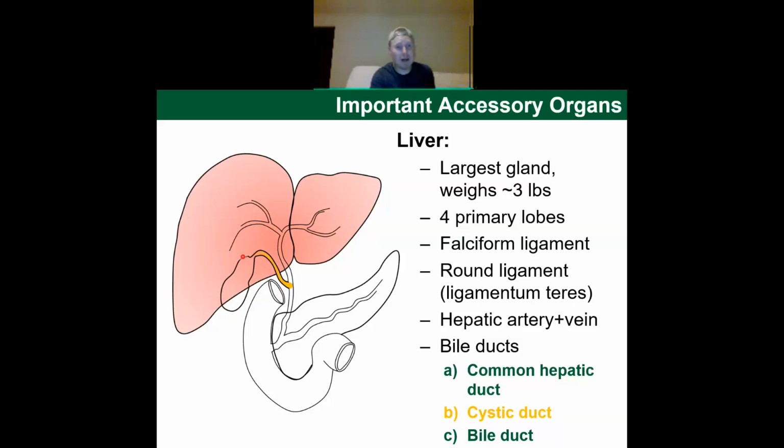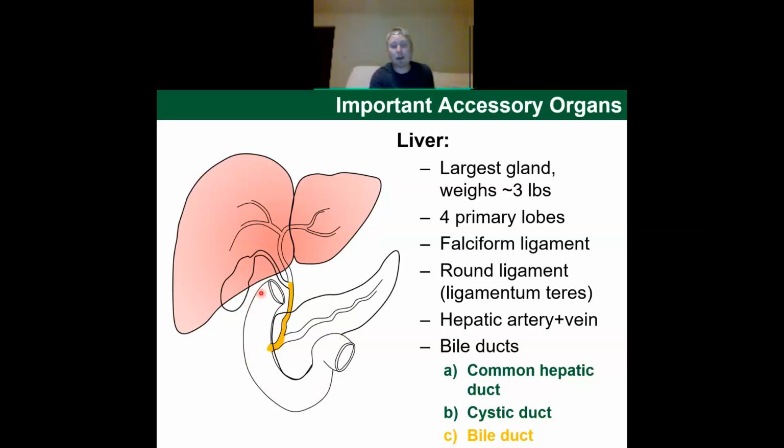Bile is stored there. During its storage, it also gets concentrated. And when you eat fatty food, your gallbladder releases the bile back down the cystic duct and then the bile duct to the small intestines, to the duodenum. And this is why we break down the fats in the small intestines.